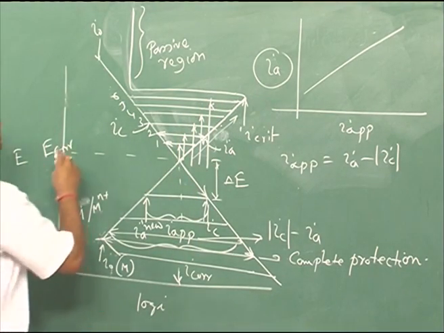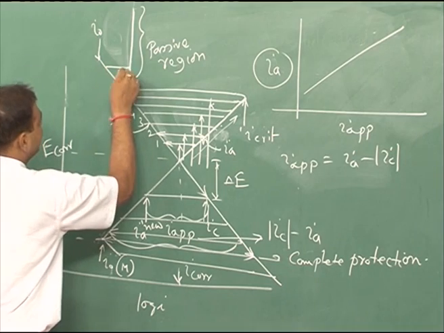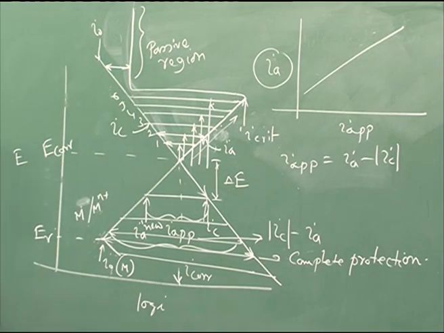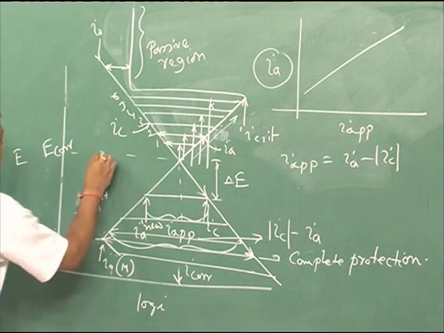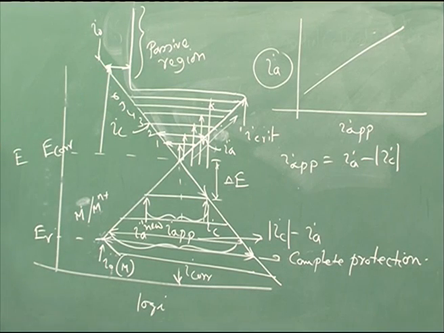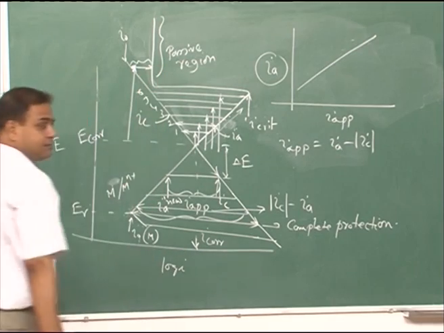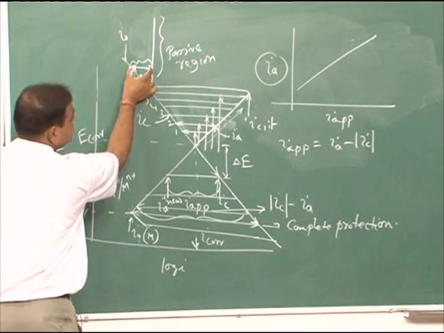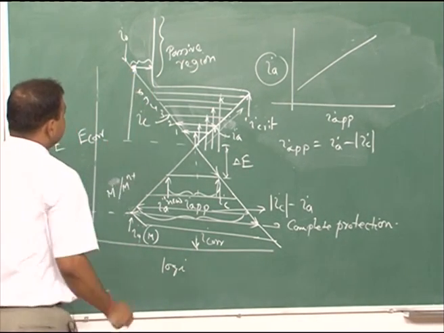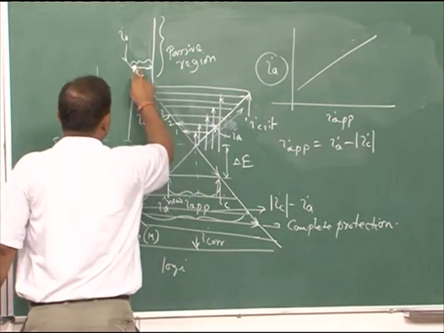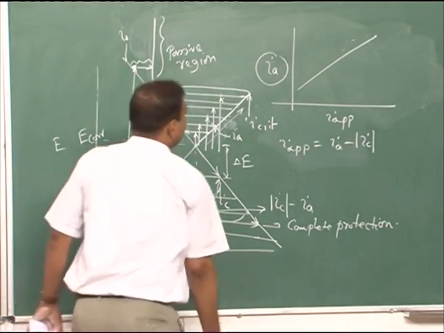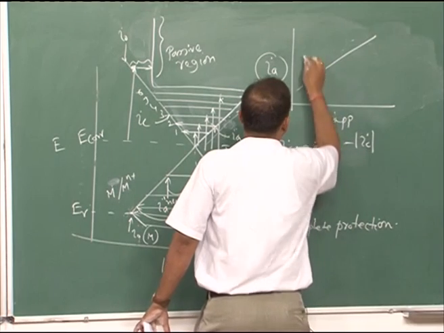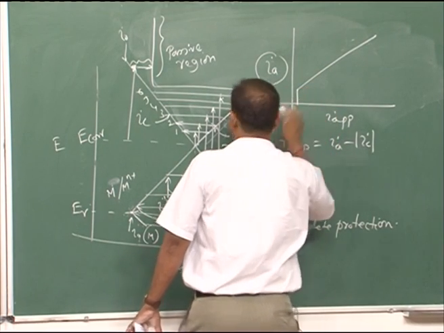Now, if we can take the potential to this point, what would be my I applied at that time? My I applied would be this much. From this, if we jump to this, my I applied would come to this level; this is my starting level.